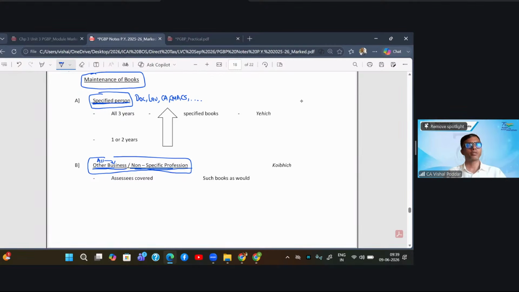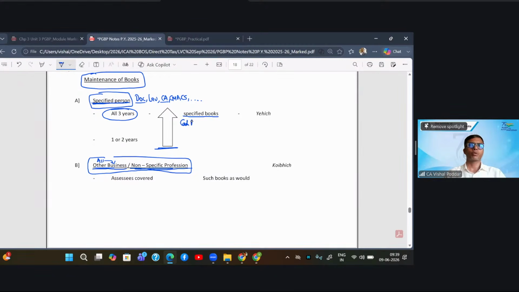Now, once you have understood this differentiation, let us speak from the point of view of doctors and chartered accountants. When are we required to maintain books? If in all the past 3 years, your turnover exceeds the specified limit given, you have to maintain specified books. Now, what are specified books?